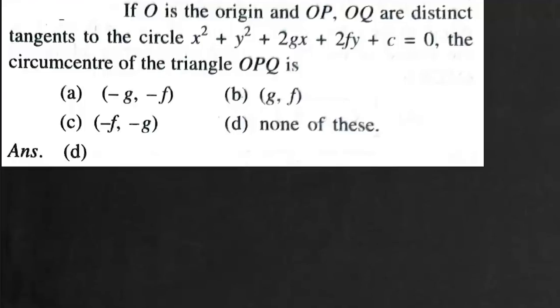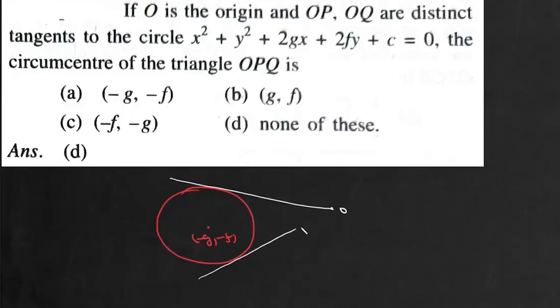Now here the question is, if O is the origin and OP and OQ are distinct tangents to this circle. So we have this circle whose center is at (minus g, minus f), and then we have drawn tangents from the origin, for which the contact points are P and Q. The question asks about the circumcircle of triangle OPQ.